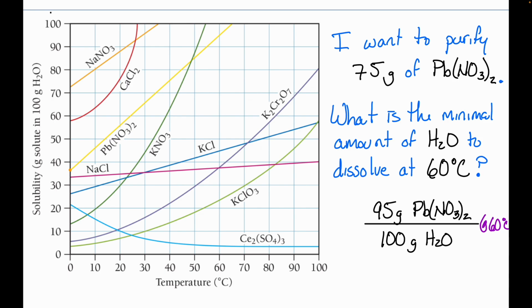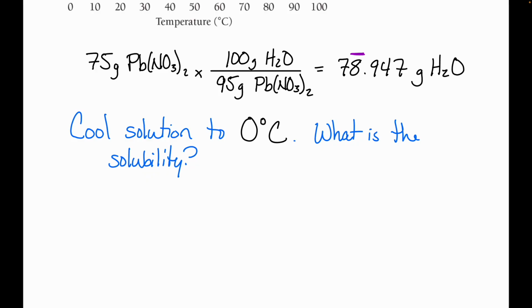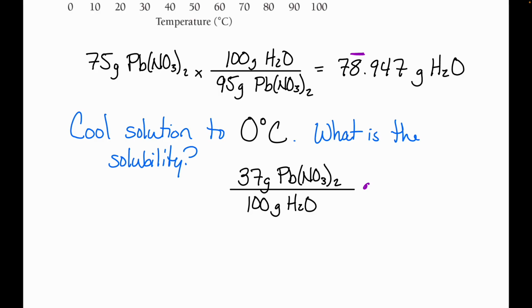We're again looking at our potassium nitrate, so now I'm going to follow this line all the way back down to 0 degrees Celsius. Between 30 and 40, I'm going to say it's 37, 36, somewhere in there. So this is going to be now our new solubility factor, 37 grams of lead nitrate per 100 grams of water. And let's just note this is our new one at 0 degrees.